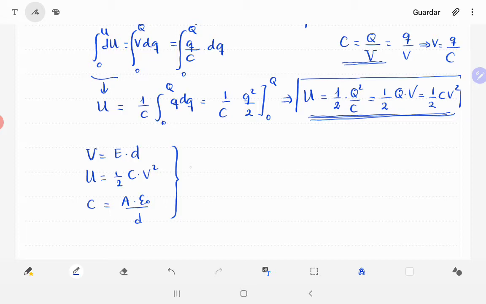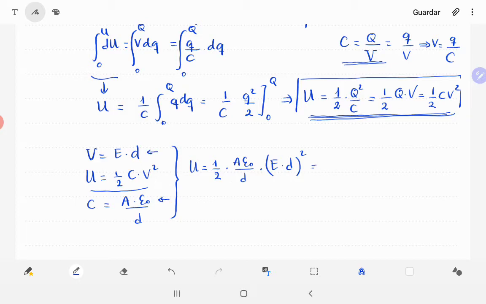So the storage of energy, which is 1 over 2 times C, where C here is A times epsilon sub 0 divided by D, times V, which is E D, and this is squared. Okay, I'm just putting this equation here, changing V by this one and changing C by this one.